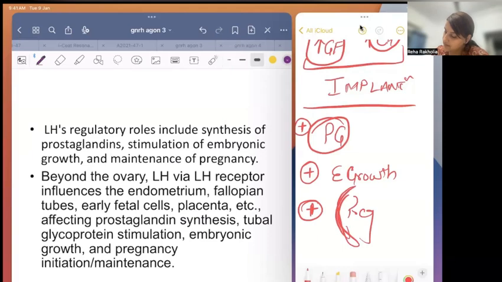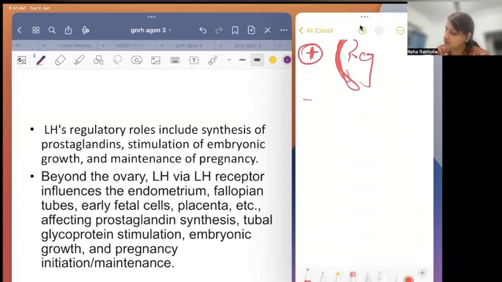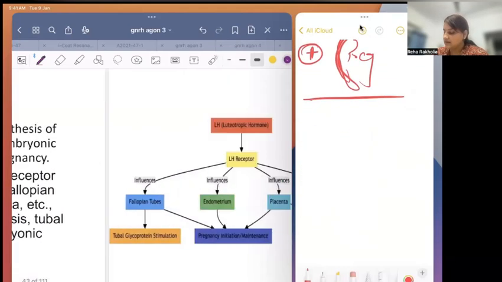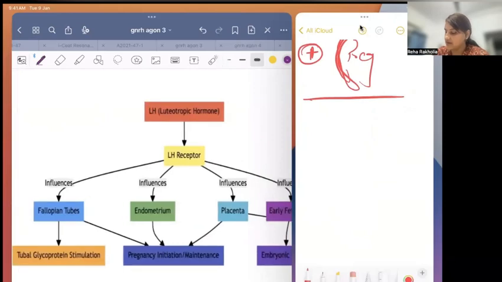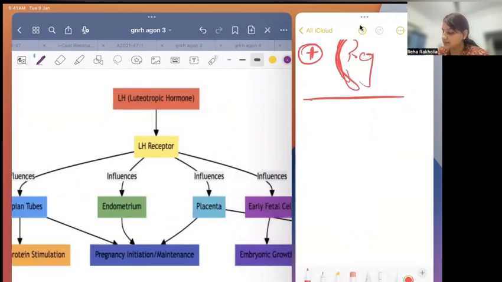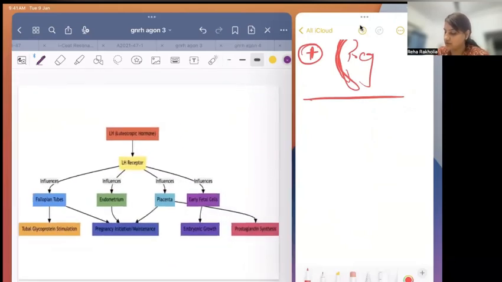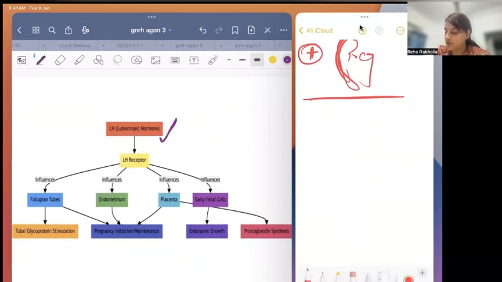Beyond the ovary, LH receptors are also present in other structures. I'll show this with this flowchart. LH is a luteotropic hormone.